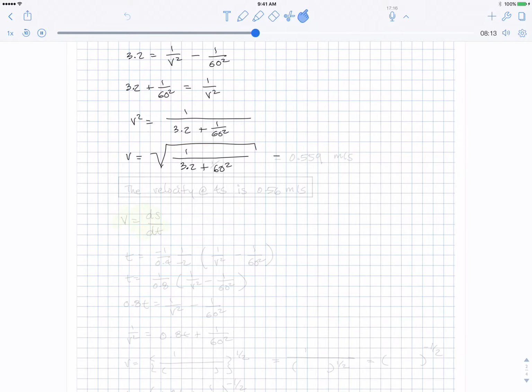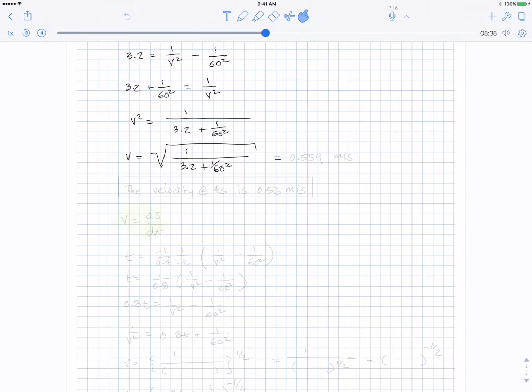Okay, so I've got my calculator. 1 over 60 squared. So I hope I got this right. 60 squared, 1 over that, plus the 3.2. It's basically still 3.2, 1 over that. I'm going to double check I didn't make a mistake here after I do this.